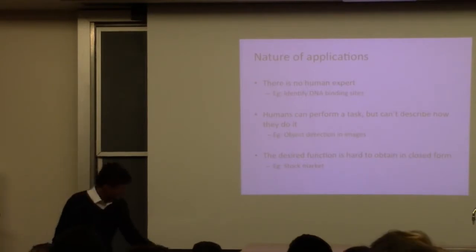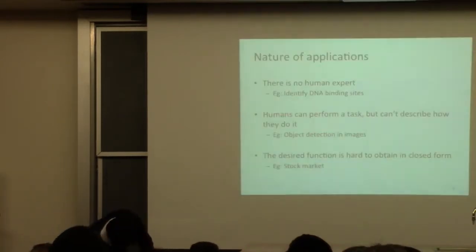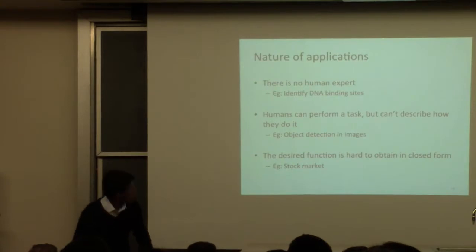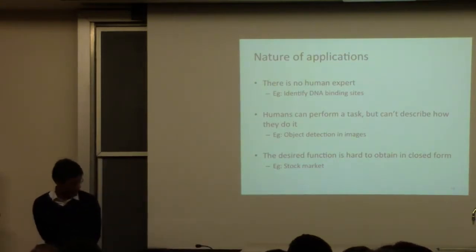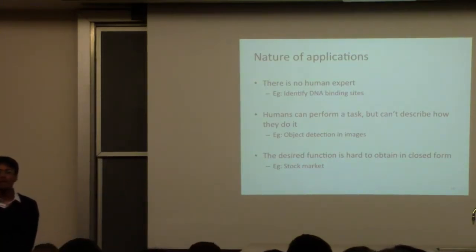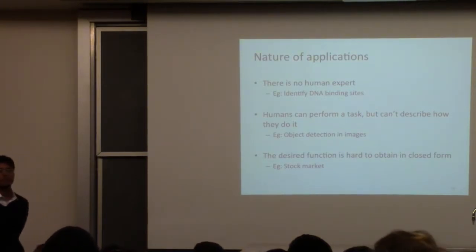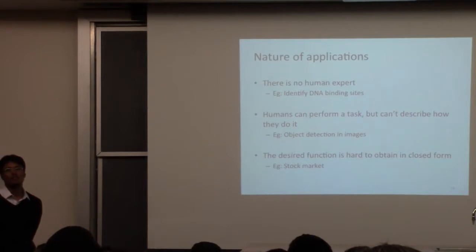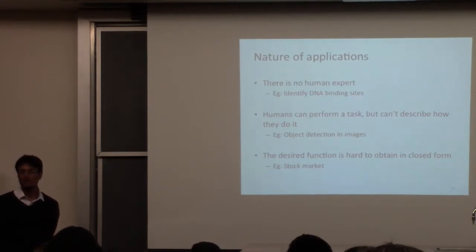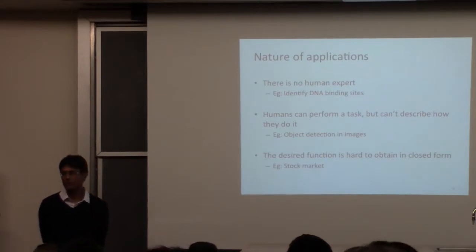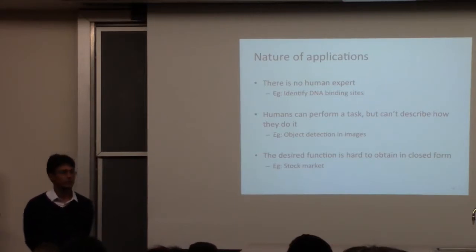So the AI examples involved are, for example, object detection in images. When I give you a photograph of a cat and ask you to find its tail, you can do it pretty well if the tail is visible.